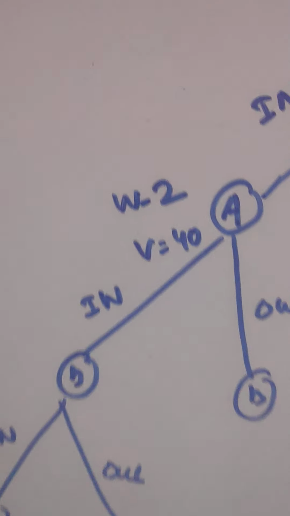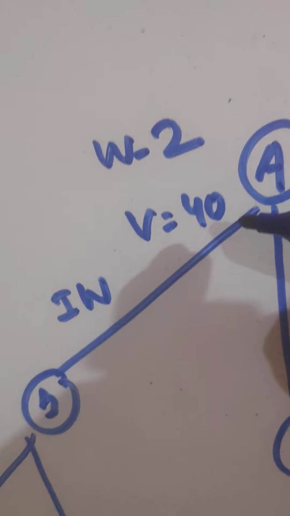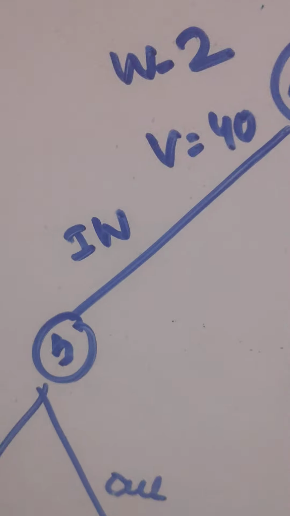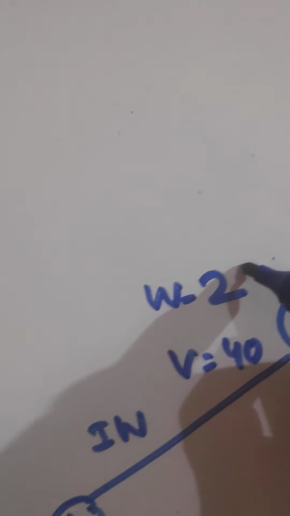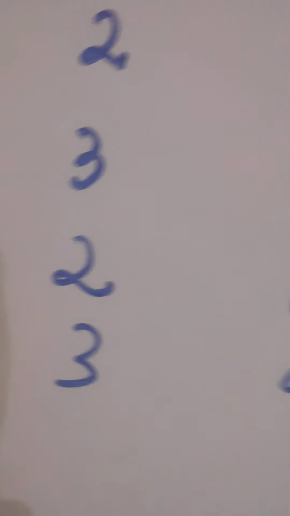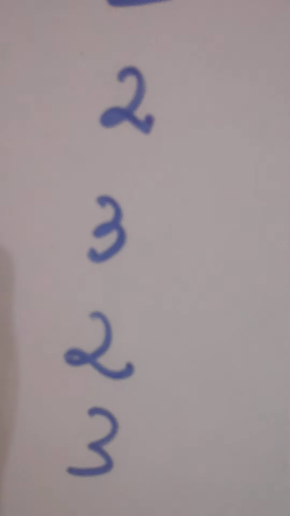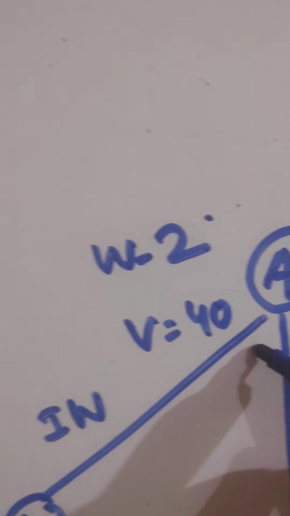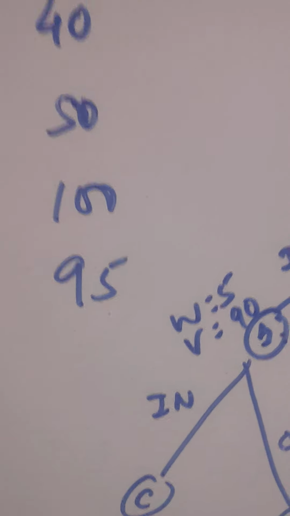Look here. At A, if I take A, my weight becomes 2 and value becomes 40. Now if I take B, already I have a weight of 2 kg. Since B's weight is 3, my total weight becomes 5 and value becomes 40 plus 50, which is 90.